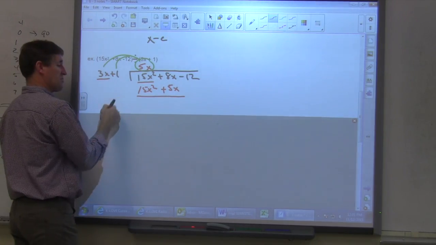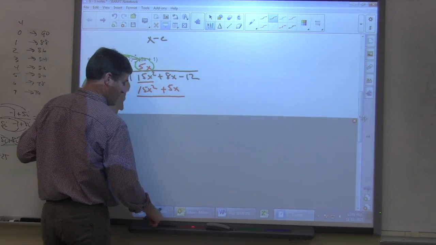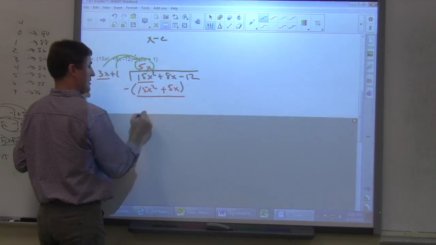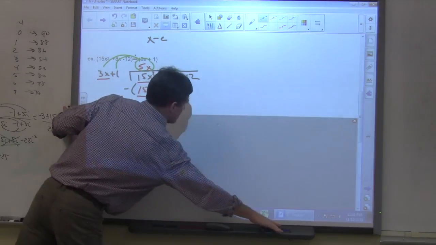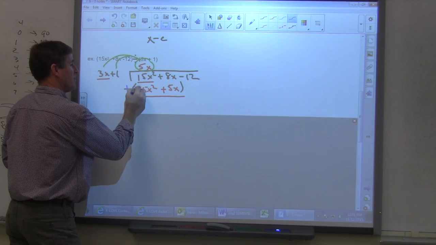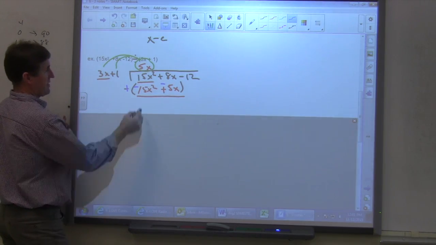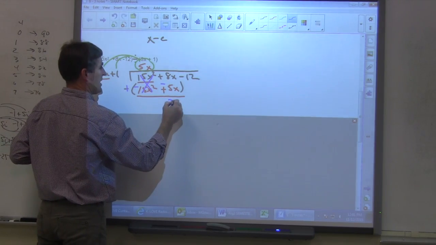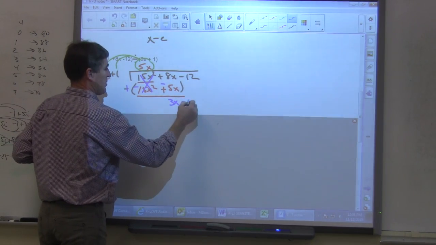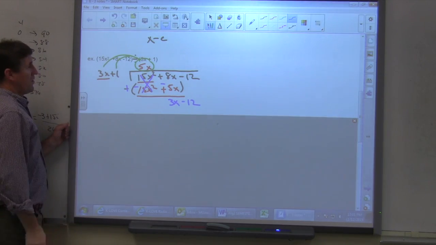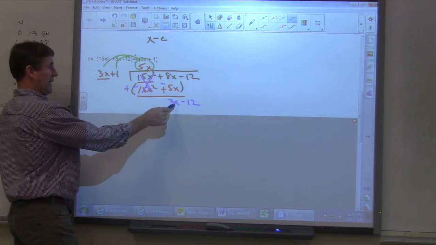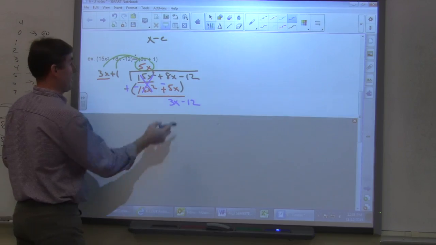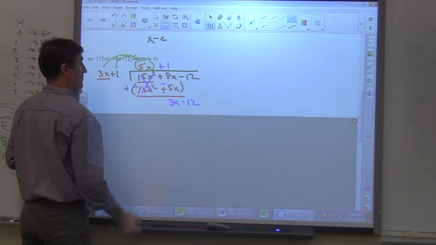Now again, remember, you're subtracting this whole thing. So my suggestion again is change it to addition, change the signs, opposites cancel. 8x plus a negative 5x is 3x. Bring down the next part, minus 12. What do I have to multiply 3x by to get to 3x? Well, it's already 3x, so we just need to multiply by 1.